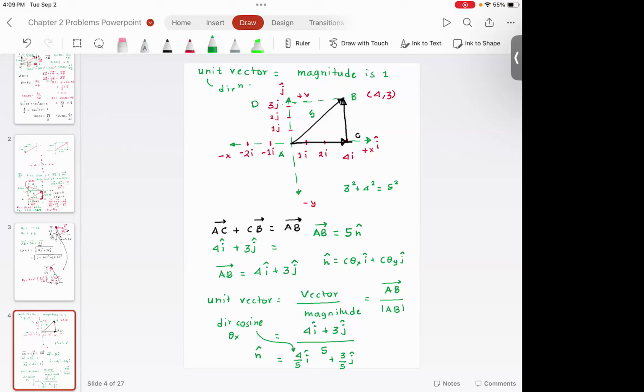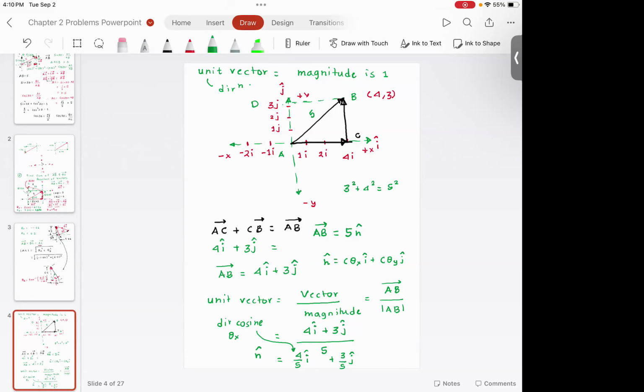Based on these numbers, I want you to tell me, if I'm facing this way, how should I change my orientation? Should I go like this? Should I go like this? What angle should I rotate? I give you these numbers, right?